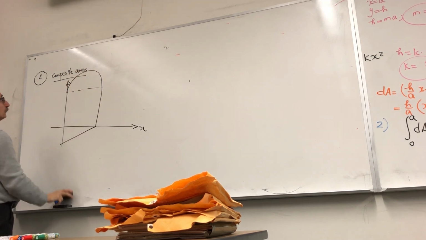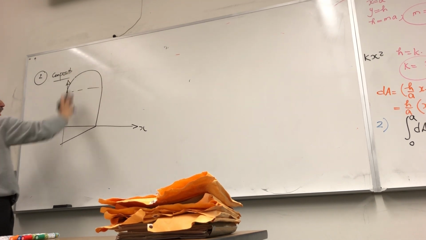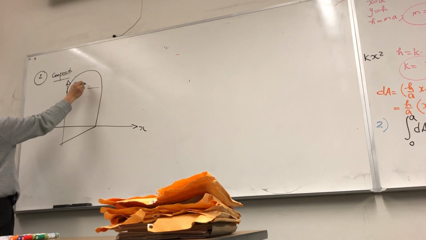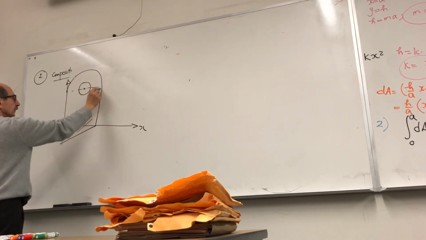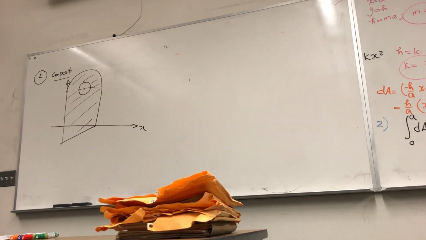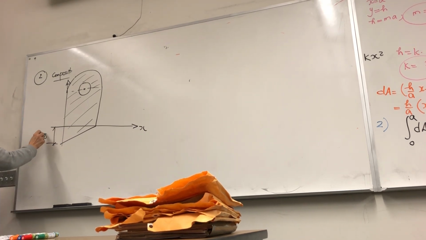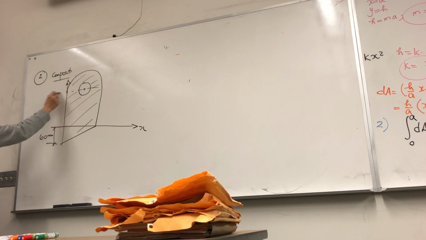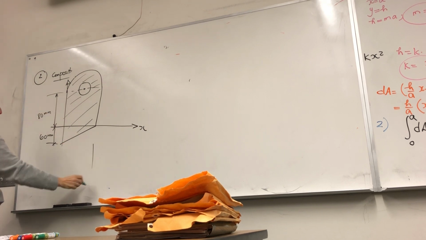You have a piece of, let's say, sheet metal, a circle is cut out of here, so you have a shape like this, and for whatever applications, you want to find the centroid of that. All the dimensions are given. For instance, this is given as 60 millimeter. This distance is given as 80 millimeter.